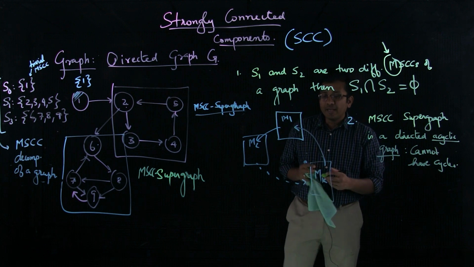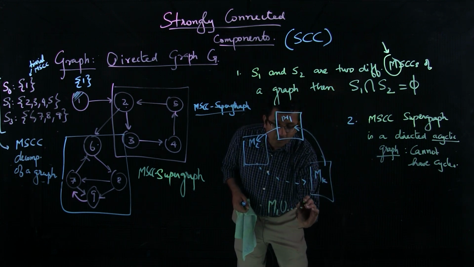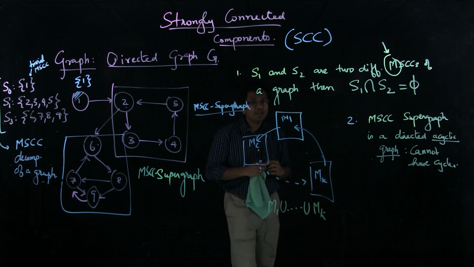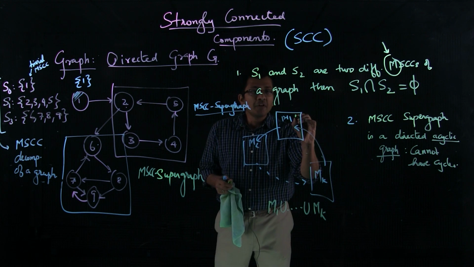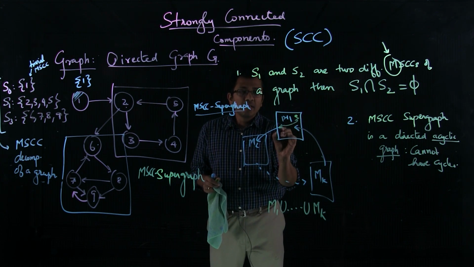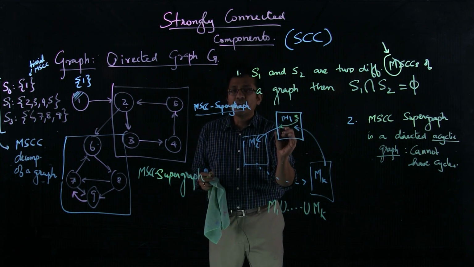Well, unfortunately, now consider M1, consider the union of all the nodes along the cycle, M1 union through Mk. Well, if I start from any vertex in M1, well, there is a path to the head of this edge. Wherever this edge went, there is a path to the head of this edge.